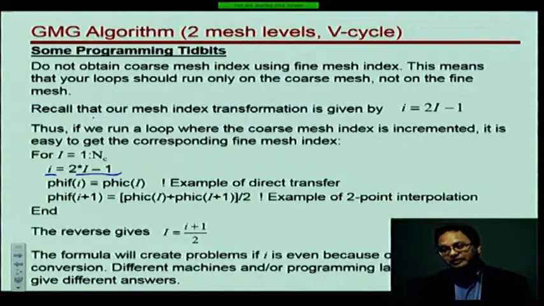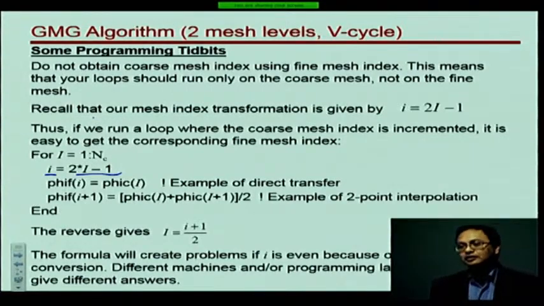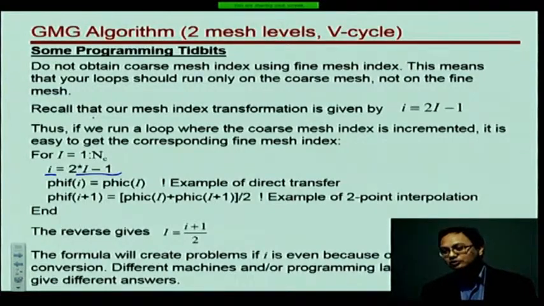Suppose small i is 4. You'll get 4 plus 1 divided by 2, which is not even an integer. And since the left-hand side is an integer, the computer is going to come up with an index that's either 2 or 3. It's totally random.